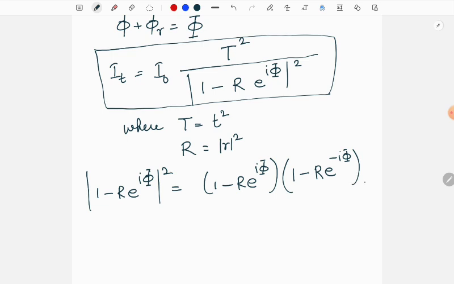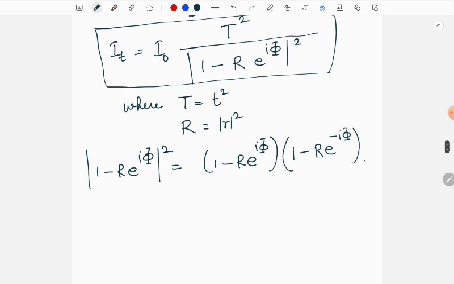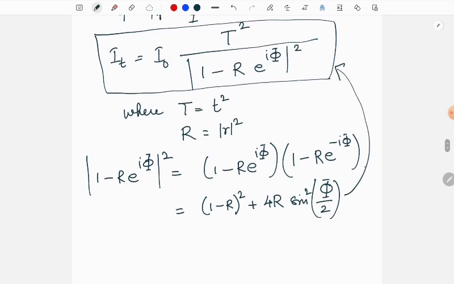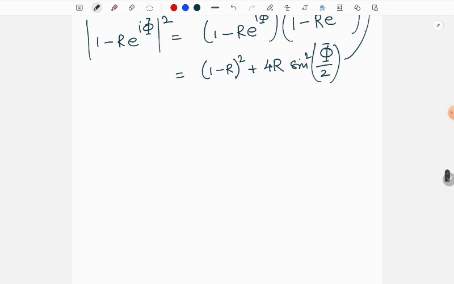If you break this up and solve, this comes out to be something like 1 minus R whole square plus 4R sine square Phi by 2. So this goes in the denominator. If you substitute this here and do the needful, you'll get something much simpler.